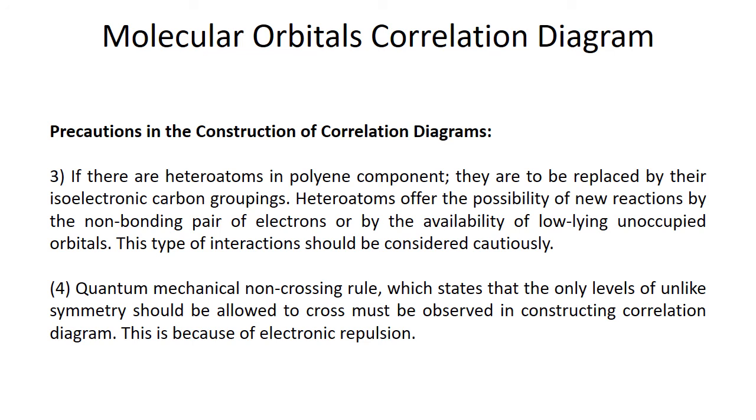A cross can occur from symmetric to asymmetric, but we can't have a symmetric orbital crossing another symmetric orbital. Just like with the butadiene structure, we have symmetric, asymmetric, symmetric and asymmetric type of molecular orbitals.